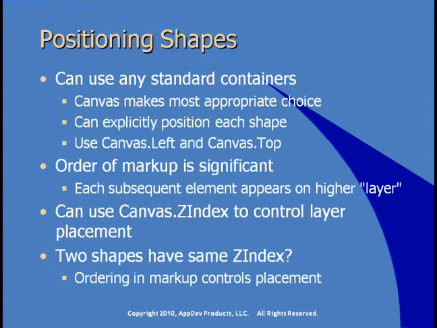Then the ordering within the markup controls their placement in terms of what appears on top of the other. This can get complicated, so you have to keep both those values in mind when rendering the shapes. Order within the markup controls what appears on top unless you override that with canvas.z-index, and if 2 items have the same canvas.z-index value, then it's the ordering that controls what appears on top of what. I have an example that demonstrates some of these issues.